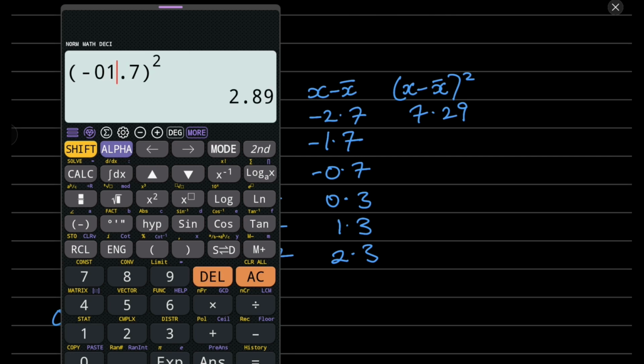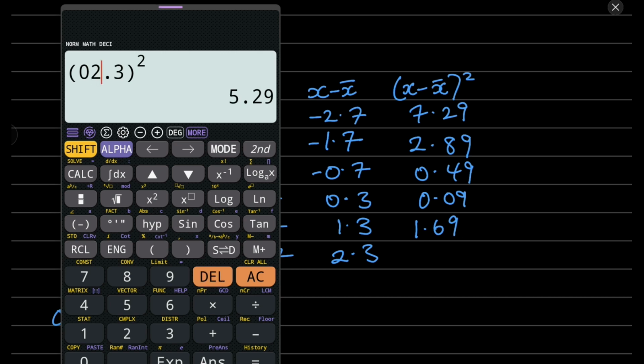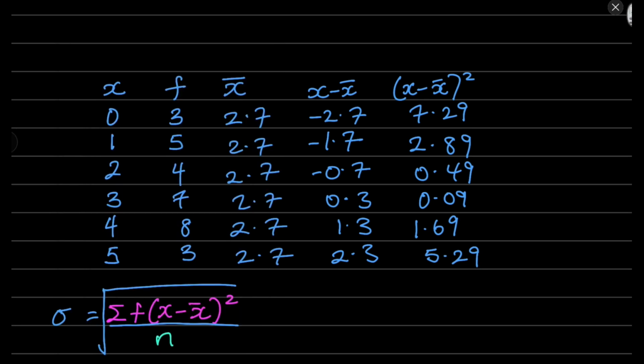Then negative 1.7 squared gives 2.89. Negative 0.7 squared gives 0.49. The next is 0.3, which gives 0.09, then 1.3 gives 1.69, then 2.3 gives 5.29.